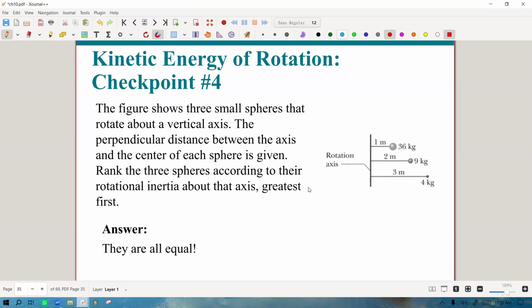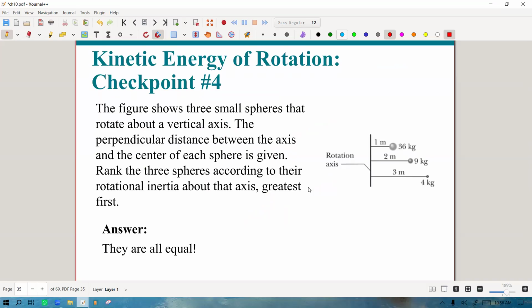Okay, so we'll check this one. The figures show three small spheres that rotate about the vertical axis. The perpendicular distance between the axis and the center of each sphere is given. Rank the three spheres according to their rotational inertia about the axis, greatest first.